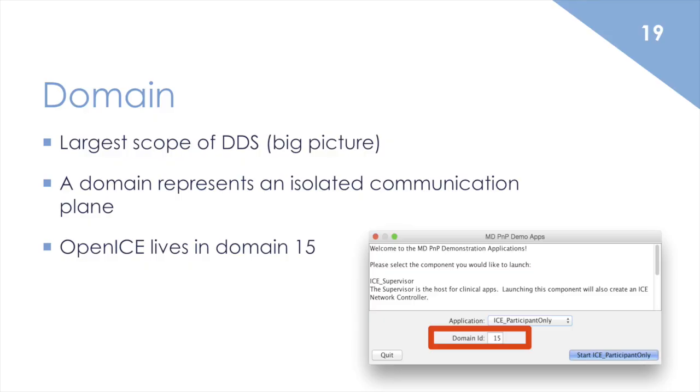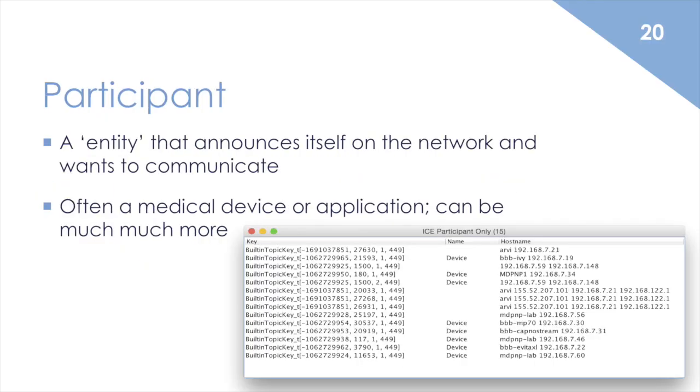Traditionally, we use domain 15 for OpenICE. A participant is the DDS term for any entity that announces itself on a network and can discover other entities and itself be discovered. Often this would be a medical device or an application, but it could be many, many other types of participants or entities.